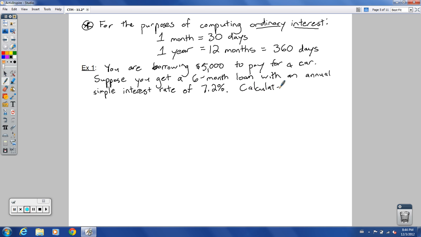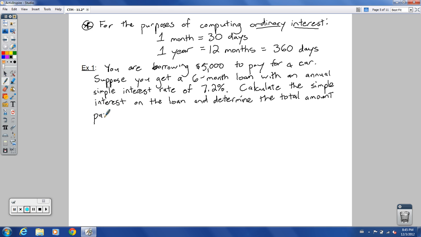Calculate the simple interest on the loan and determine the total amount paid back at the end of 6 months.